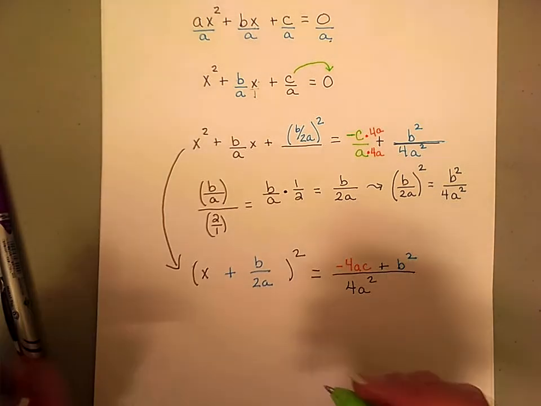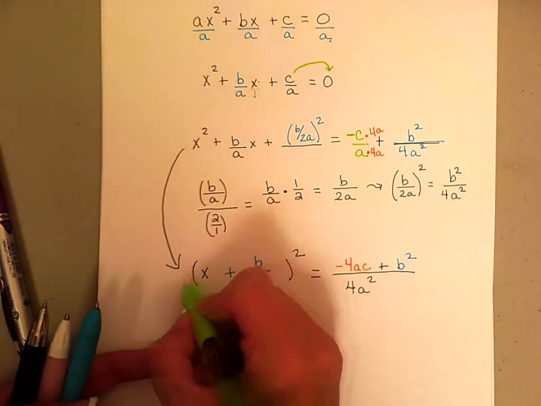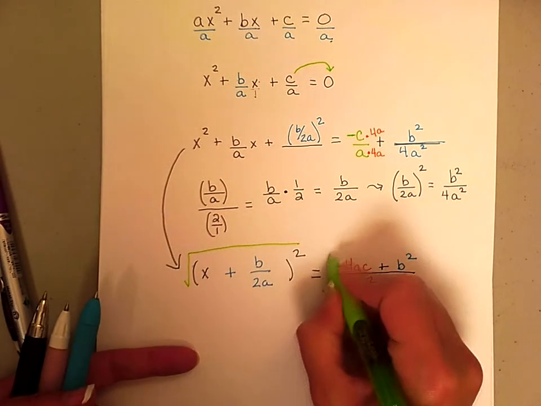Now we just need to take the square root. We're trying to get to x, so we'll take the square root of both sides.